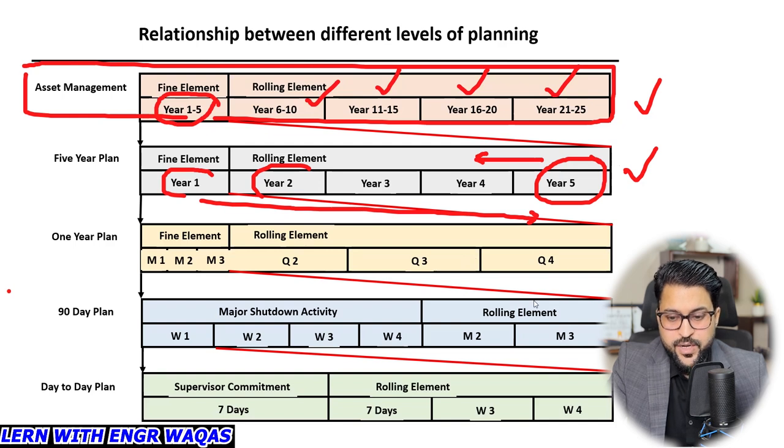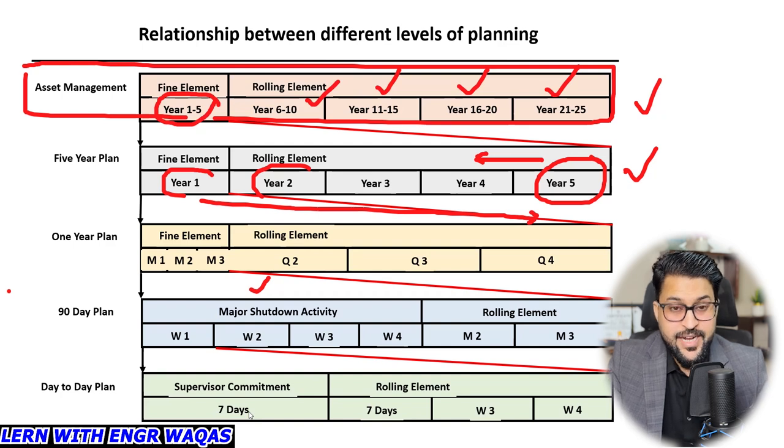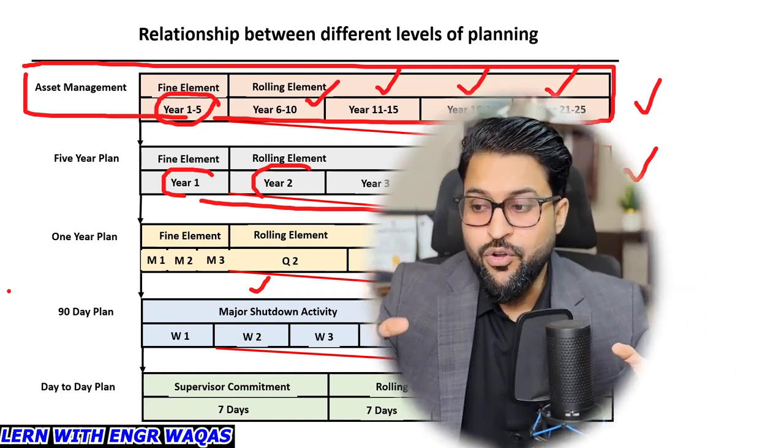Then take months, like January and February, and January will be divided into 4 weeks, week 4, week 3, and then 7 days. And you get to the point where you need hour to hour execution, hour to hour planning.